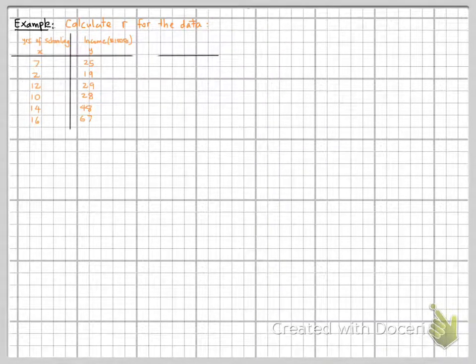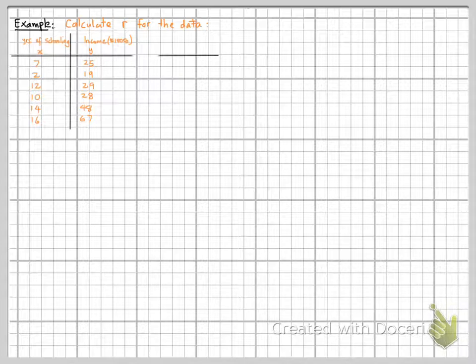So here's the example we're looking at. We want to calculate r for this data set. This data set represents, on the x-axis, the years of schooling, and on the y-axis, the income in thousands of dollars. So a person who went to school for 7 years, only barely completing grade 7, is earning about $25,000 a year.